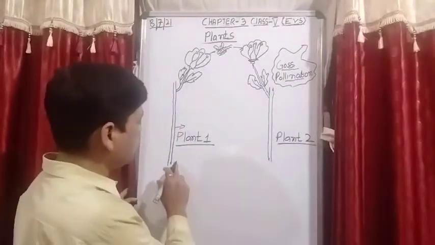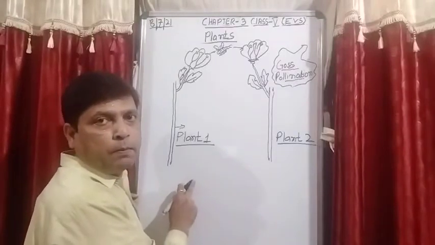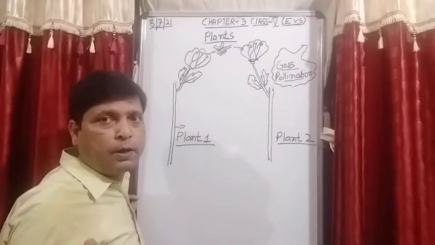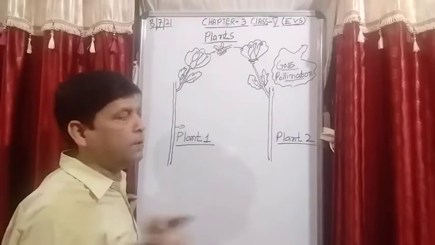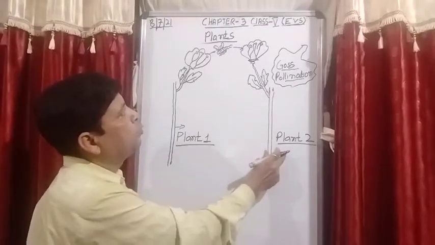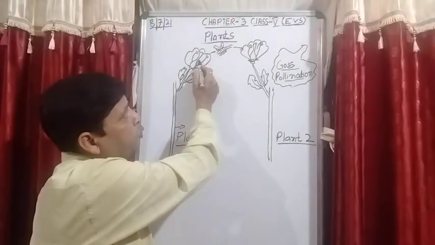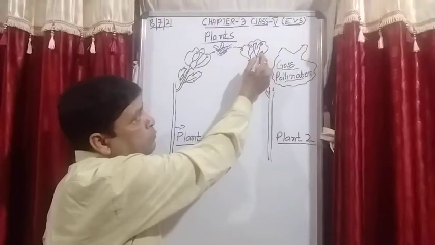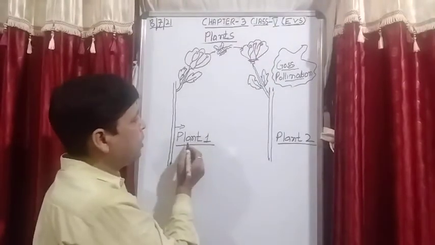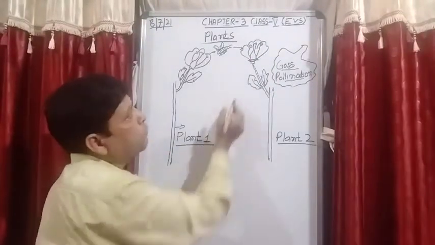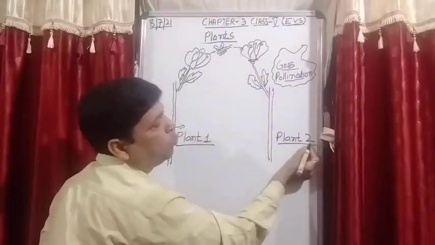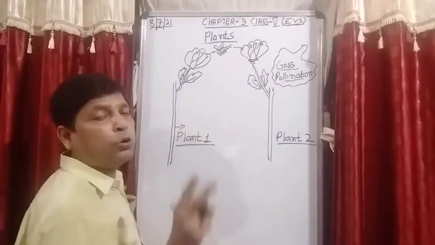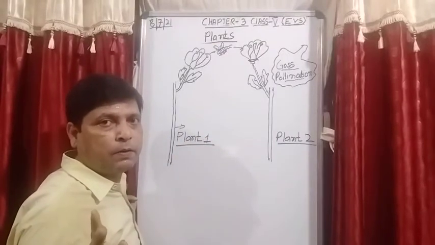Why is this cross? Because both the flowers are not on the same plant. Both flowers are not in the same plant. This is plant 1, this is plant 2. Now the bee gets pollen on its body. Now it sits on this flower, but this flower is not on plant number 1. This flower is on plant number 2. So that is the reason the flowers are not on the same plant.